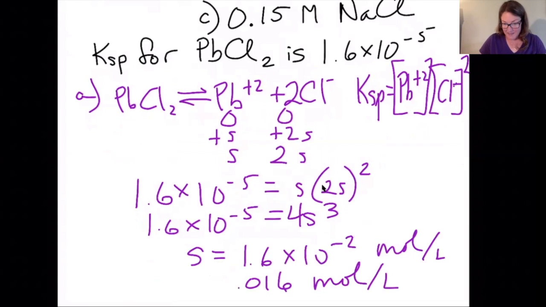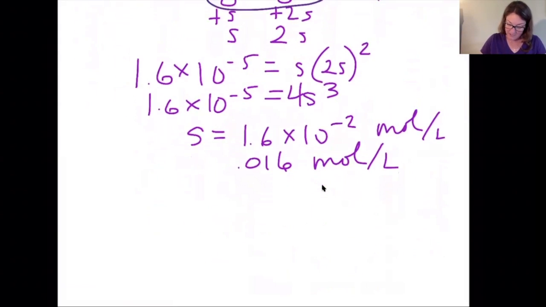Let's take a look at B now. The major difference between A and B and C is that in B and C, we have initial concentrations of one of these ions, meaning one of these two does not start at 0.